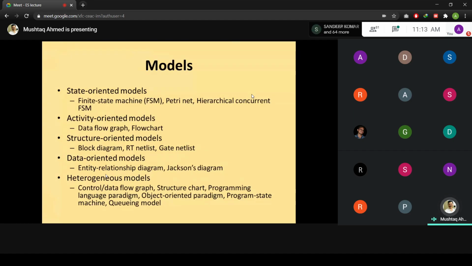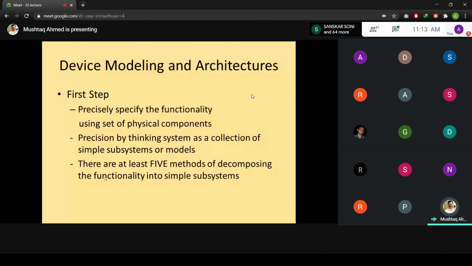So as you can see, while making a device model, the very first step is that we need to identify what type of function the device would operate, and what physical components are essential and required to perform that function. And in this, we need to go through how many subcomponents are required for the particular device, and how these submodules or subsystems are required to be connected with each other.